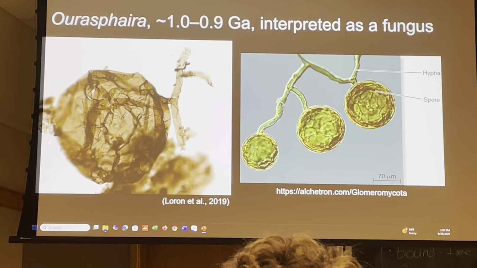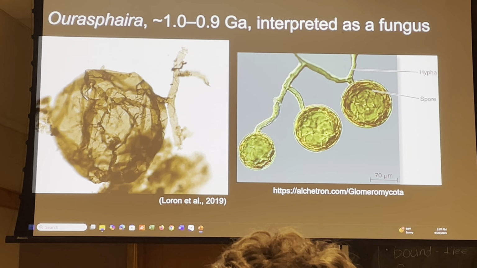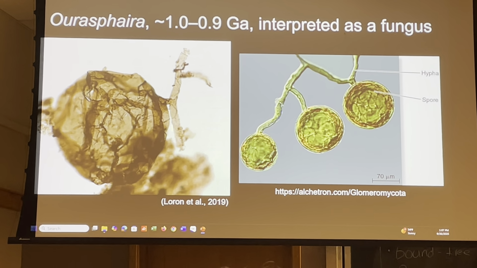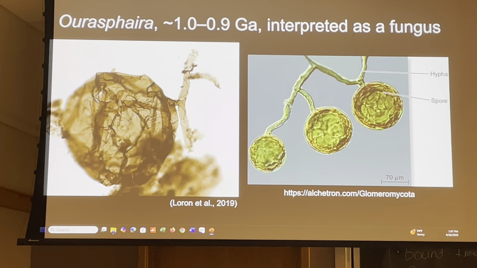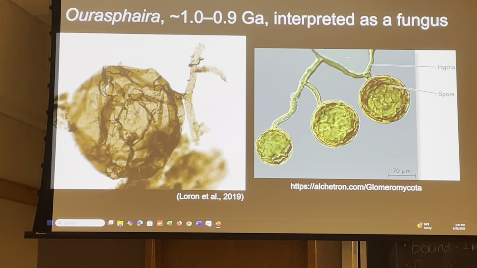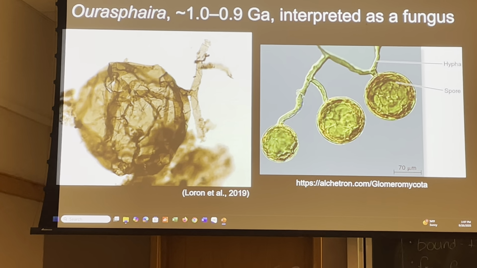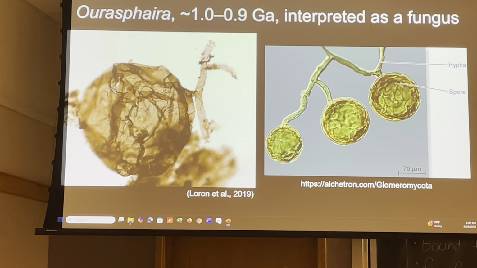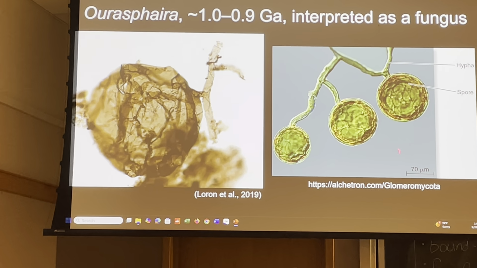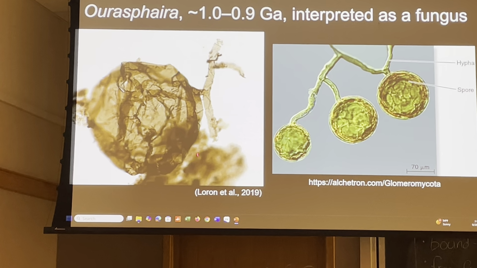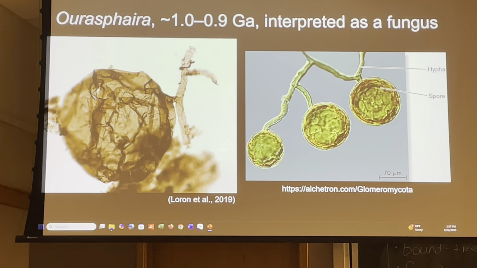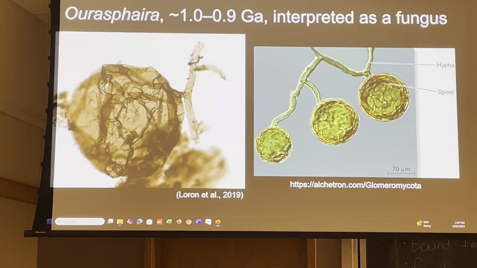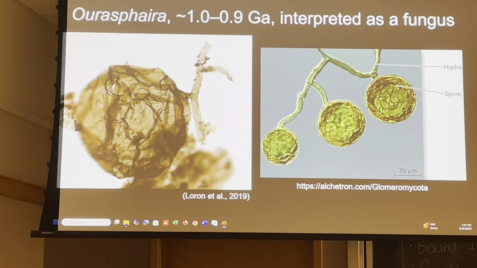This spherical structure is interpreted as a spore, and the filamentous structure interpreted as a hypha, in fungi. This is some living fungi for comparison. So this is a hypha, or the filamentous structure. This is a spore. This is 70 micron. Forgot to put a scale bar here. This is about 100 micron in size. So similar in size, and it's interpreted as a fungus.